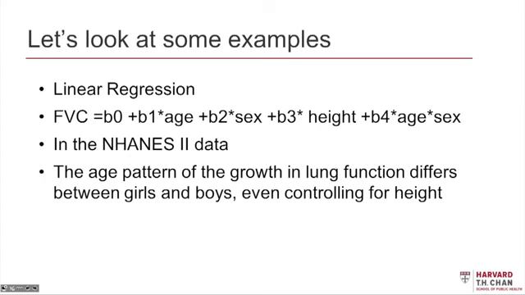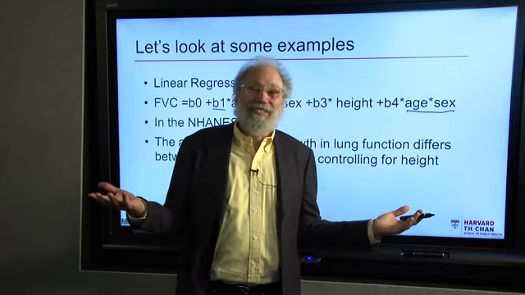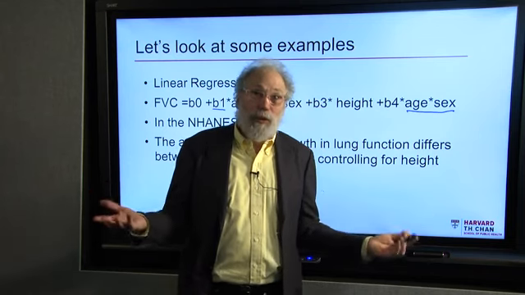And so we would expect that there's a positive effect of age. There may be an effect of sex between boys and girls, of height, and girls develop faster than boys. They go through puberty sooner.